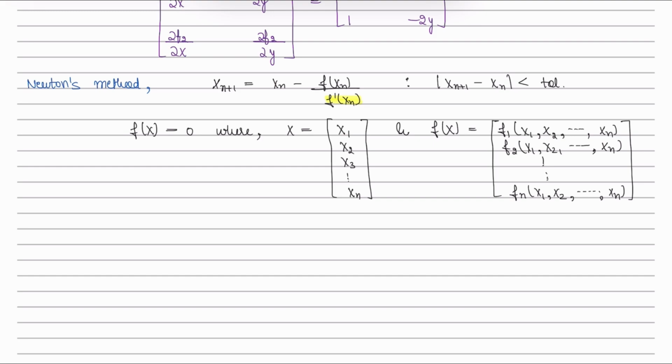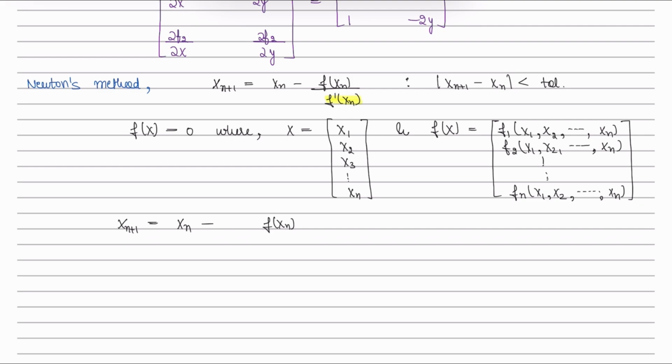So, in Newton's method for system of nonlinear equations, xn plus 1 will be my vector containing n variables, so will contain my xn, and here f of xn will be my matrix. But in Newton's method we have to divide this term with the derivative of f of x.